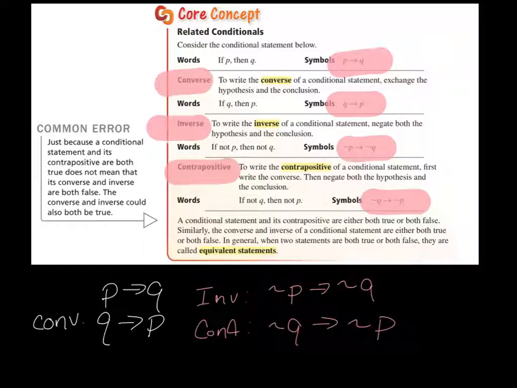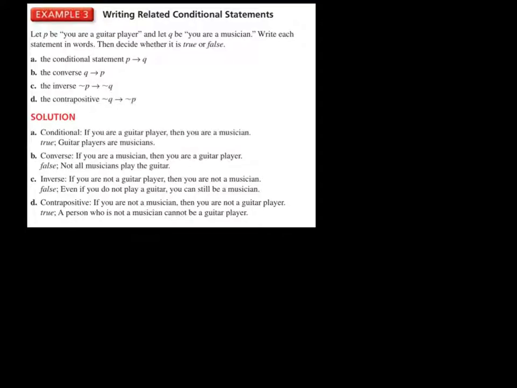We'll be doing truth tables with things like this. In this first one, it says let P, my hypothesis, be that you are a guitar player.